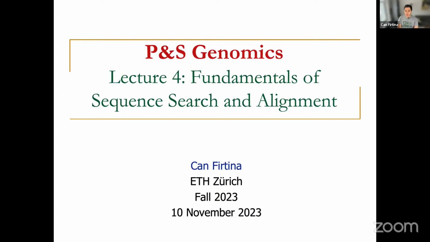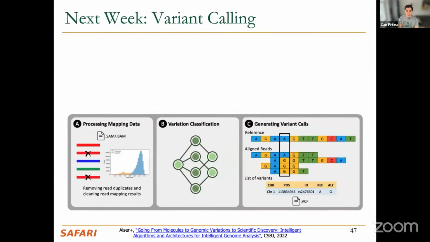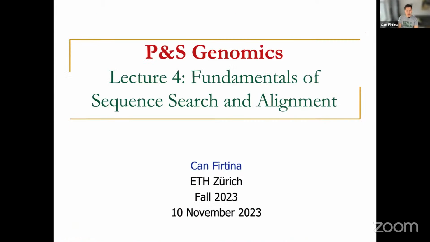In the variant calling step that I showed previously, there is an ML approach to identify the mutations, which I'm going to mention next week. But for the previous steps, so far at least, we haven't mentioned any AI-related approach. I hope this was at least a broad answer to your question.